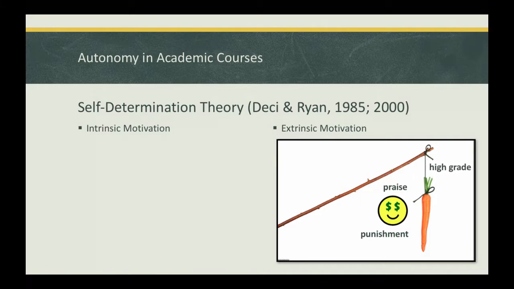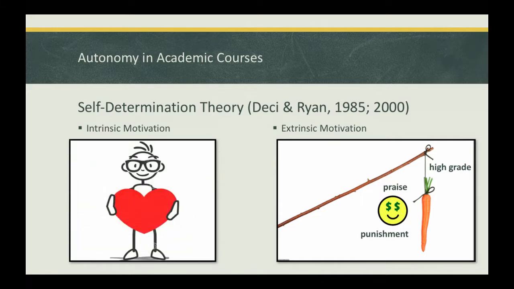I don't care if I actually retain the information, I just want the 98 out of 100 or whatever it is. Intrinsic motivation, on the other hand, is coming from within, and it's people doing things for the sake of feeling accomplished. They're innately curious, perhaps are actually interested in the content. They don't feel like they have to do it, but they're interested. They want to master it just for the sake of mastery, or they just enjoy it. And doing so gives them meaning.